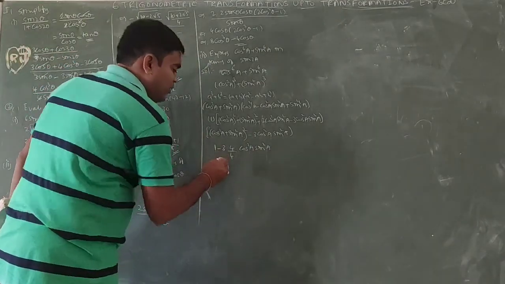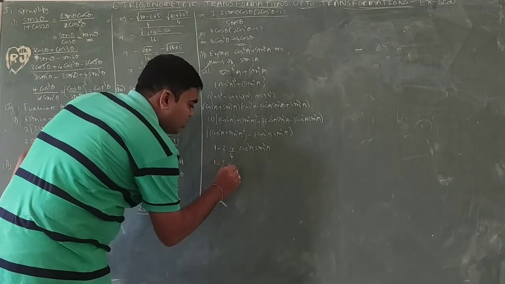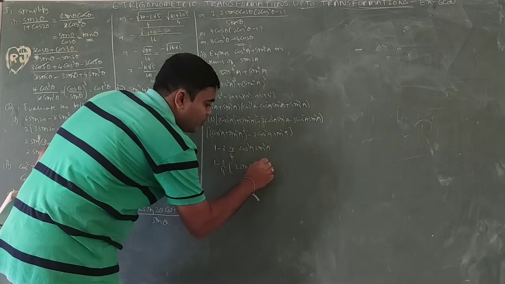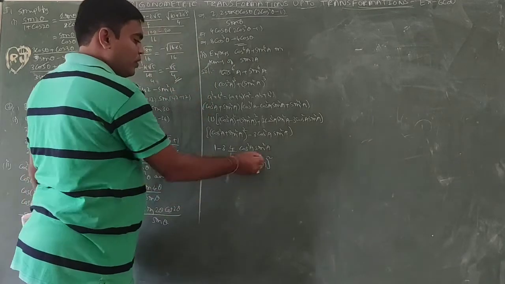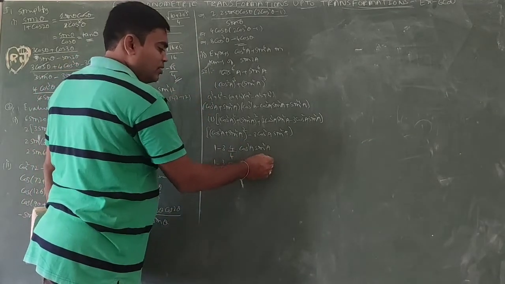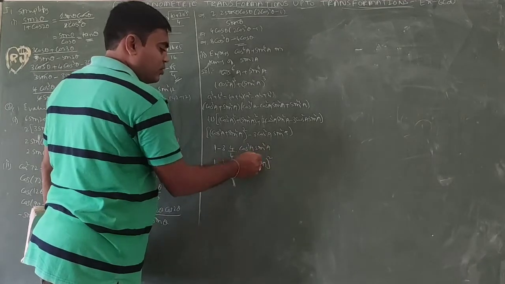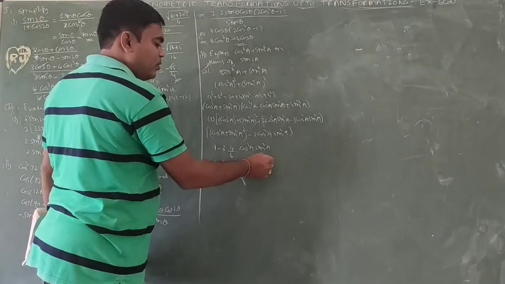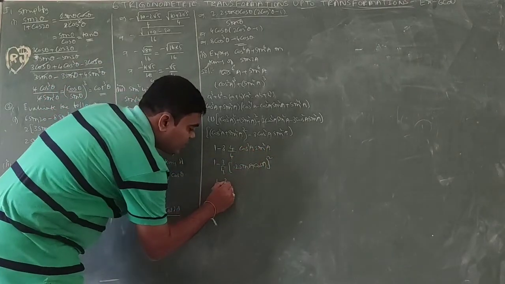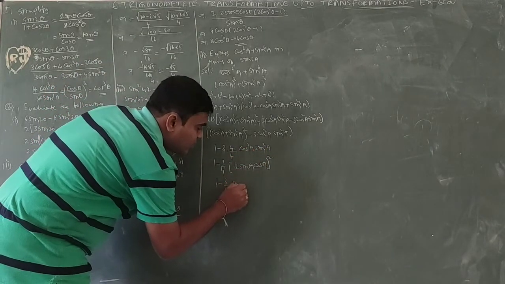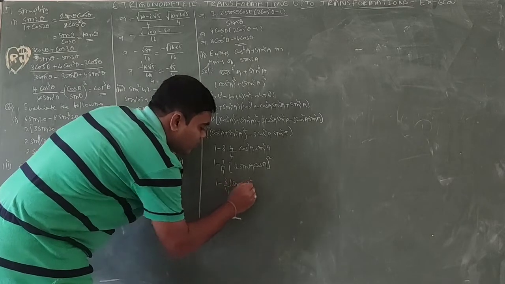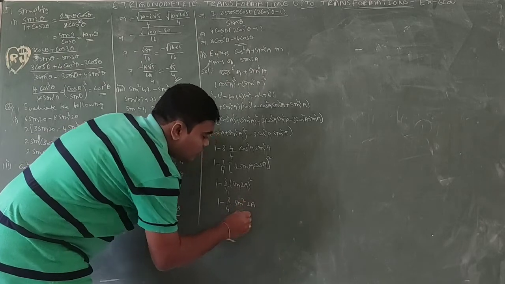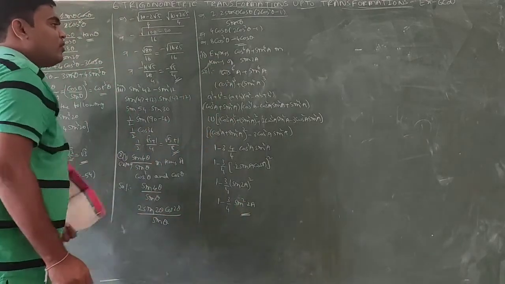So 1 minus 3 by 4 into (2 sin A cos A) whole square, since 2 square is 4, cos square A, sin square A. So 2 sin A cos A whole square. 1 minus 3 by 4 sin 2A whole square equals 1 minus 3 by 4 sin square 2A. So this is the answer in terms of sin 2A.